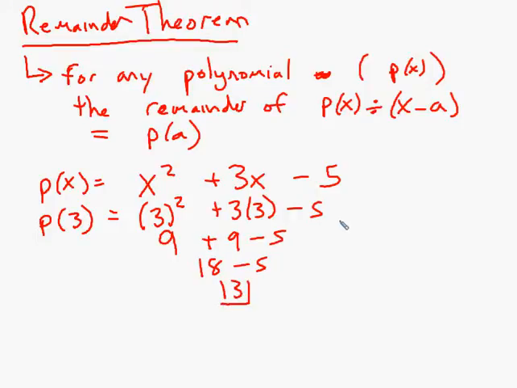Now, I did that by evaluation. I did not use the remainder theorem. But the remainder theorem gives me an alternative way to evaluate that is actually faster than actually evaluating.